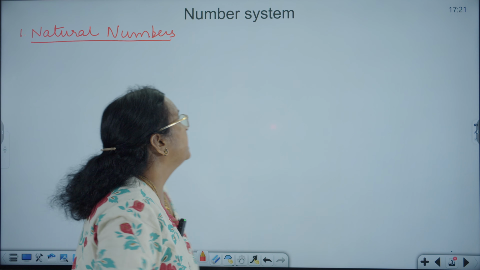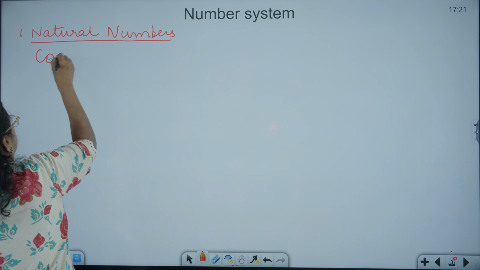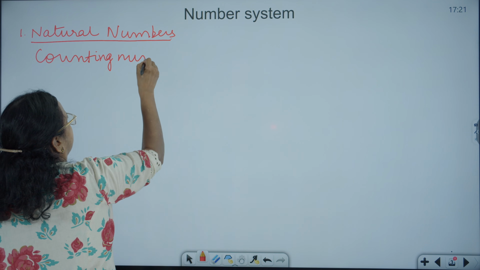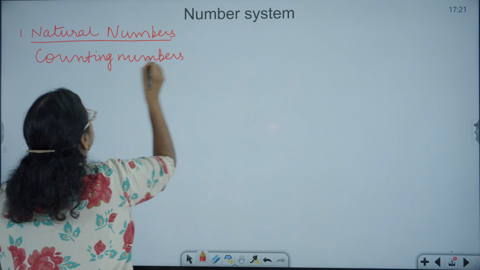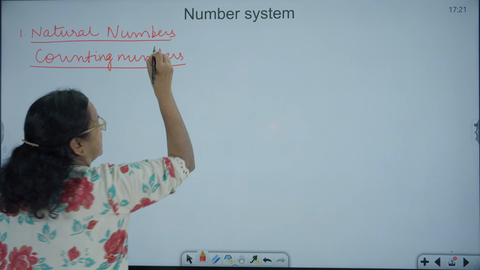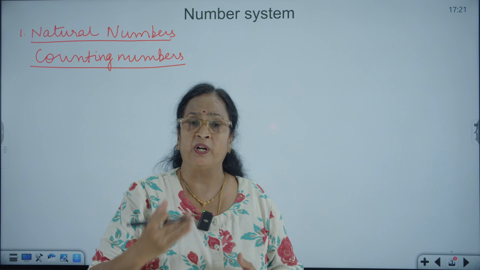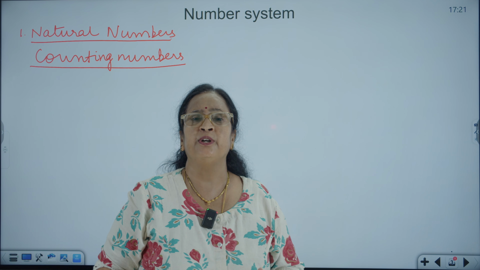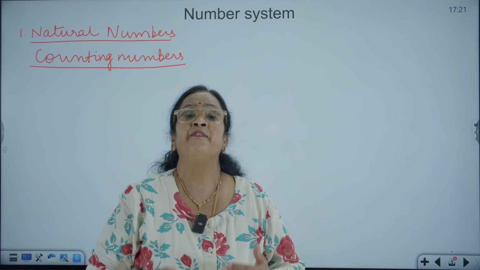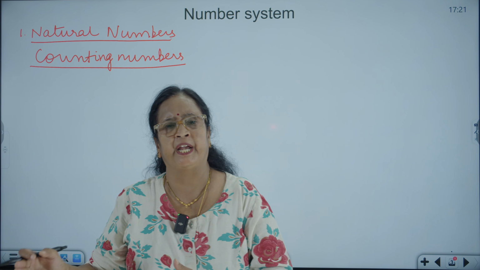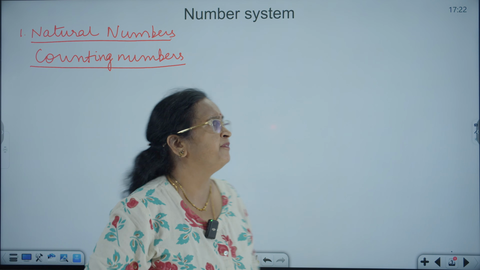If they are counting numbers, they will start from 1. What are natural numbers? Natural numbers are those numbers which start from 1, that is 1, 2, 3 and extend up to infinity.